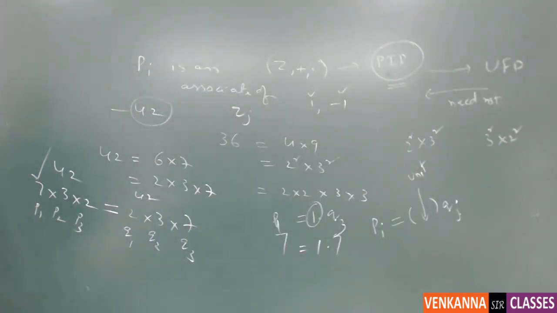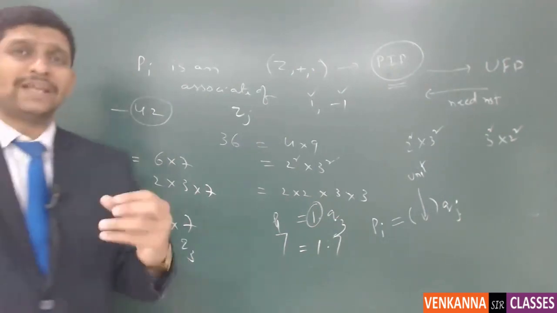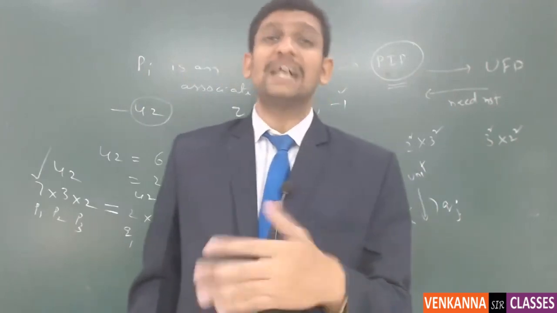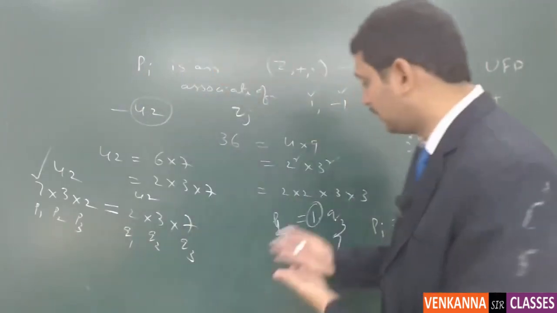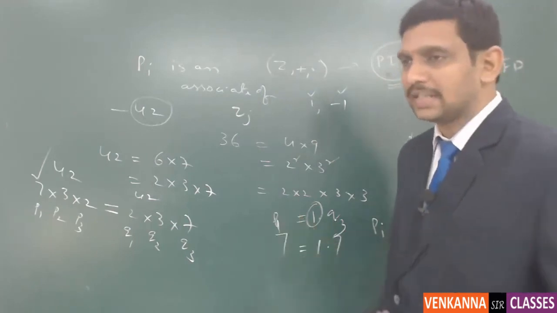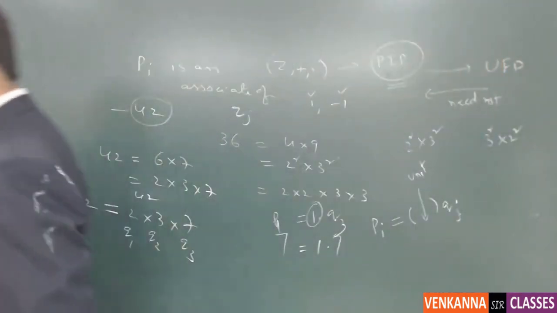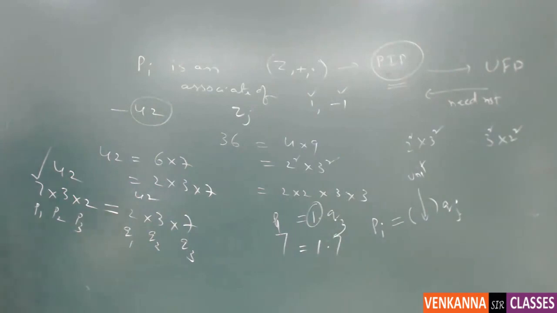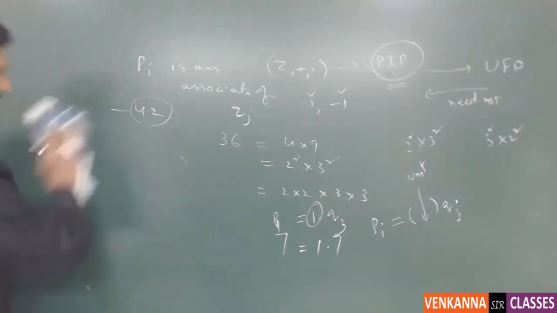So P1 is equal to 1 into Q3. Actually, you have taken Z plus. If you take any other different ring, there you can find the associates, that I will say. Now, let us take one more discussion on this concept of UFD.